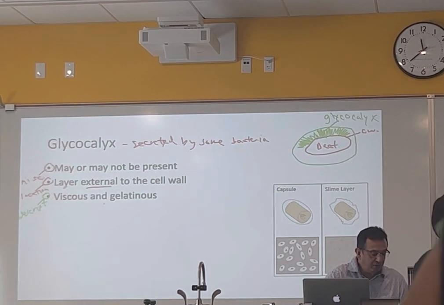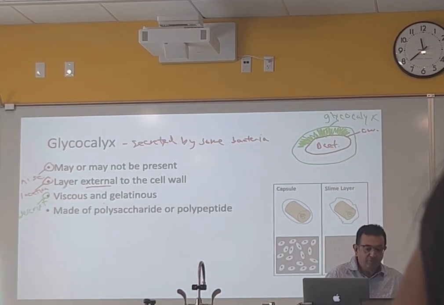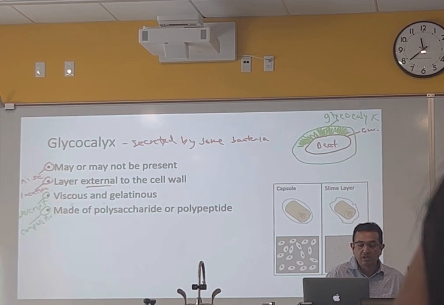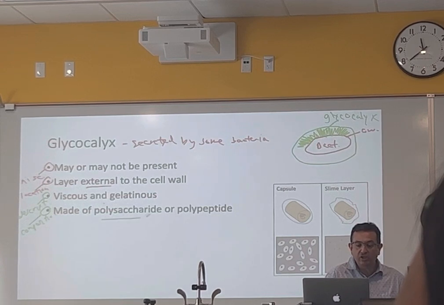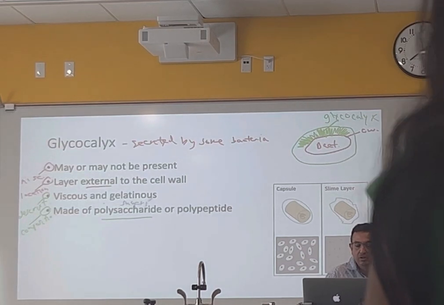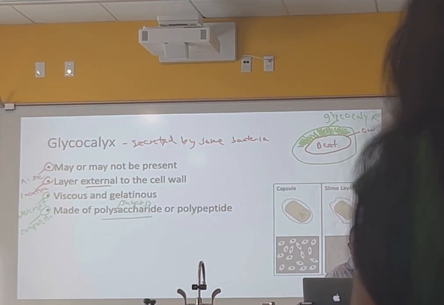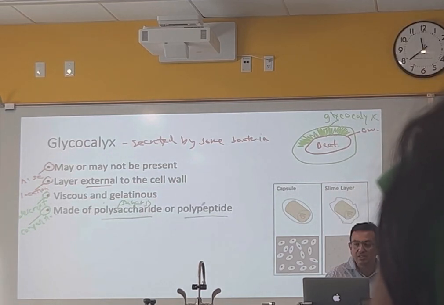So that's the description. Composition-wise, what is a glycocalyx made out of? So this is composition. It can be made out of either a sugar, right? Because you know polysaccharides are carbohydrates, which are sugars. So it's made out of sugar, or it can also be made out of polypeptide. What does this mean to you when I say polypeptide?